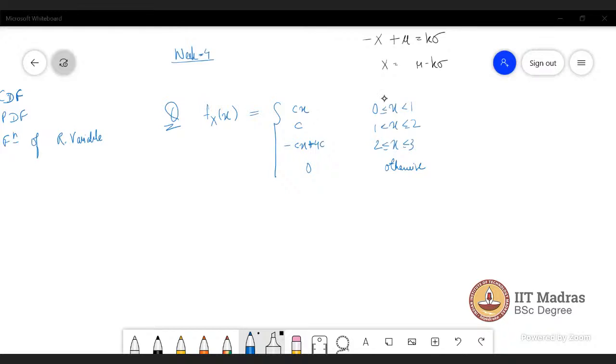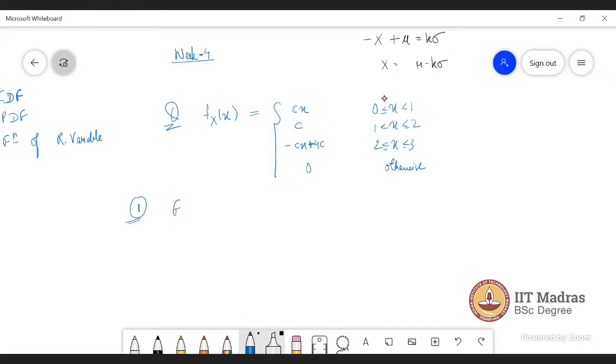Your first question here is to find the value of C.